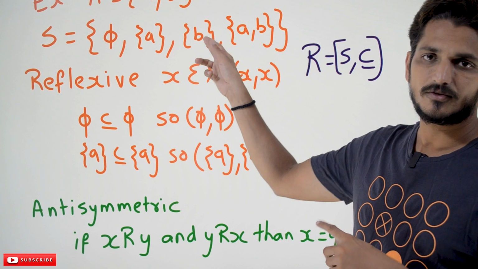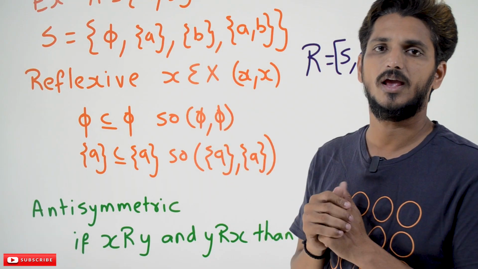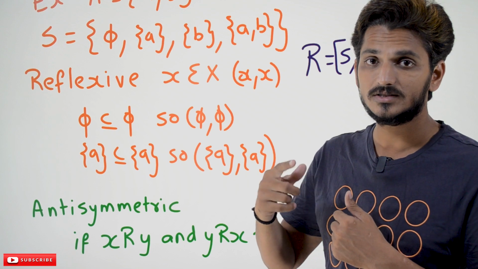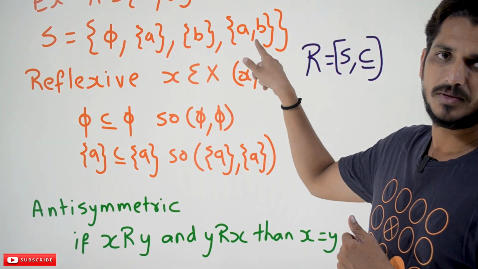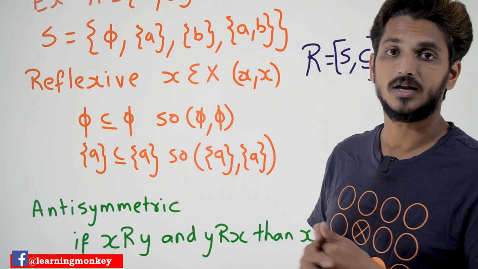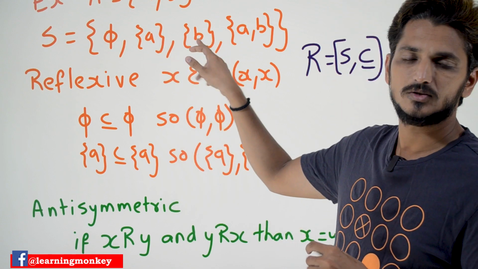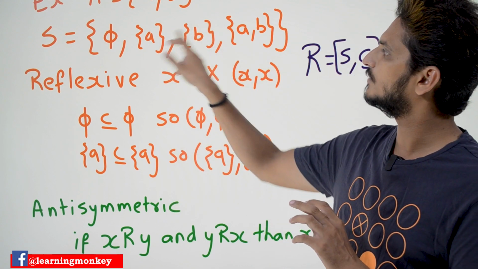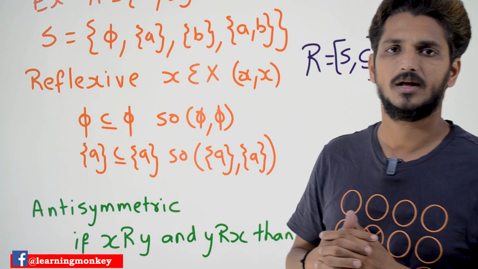Set A is a subset of set A, so we can take the pair ({a}, {a}). So our relation contains those types of pairs. Set A is a subset of set {a, b}, so these two pairs belong to our relation. And one more point, set A is not a subset of B, so don't take this; these two elements are not going to pair up in our relation.